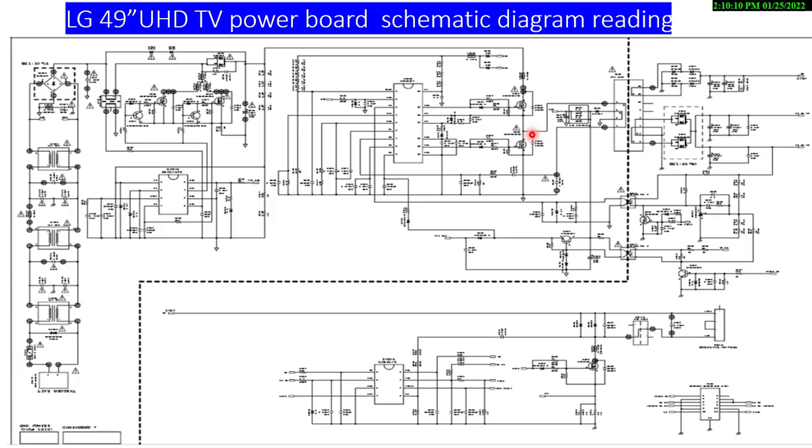Look, this line is the output line of these two transistors, and it transfers directly to the chopper transformer.